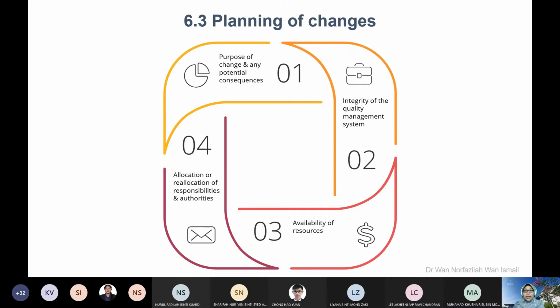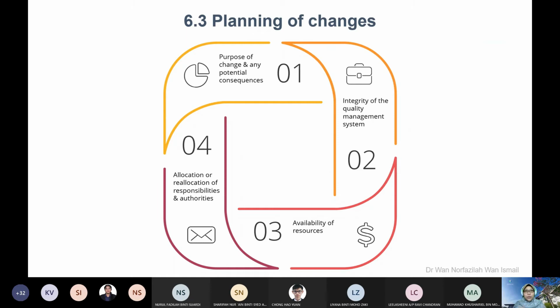Okay, and then second one, integrity of the quality management system. What does it mean? Okay, when any changes happen, is that changes affect the integrity of your QMS, quality management system. Okay, let's say, here I'm giving you another example.